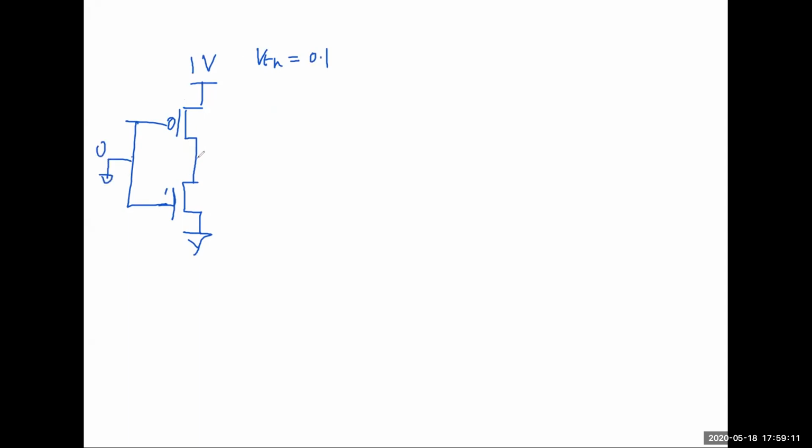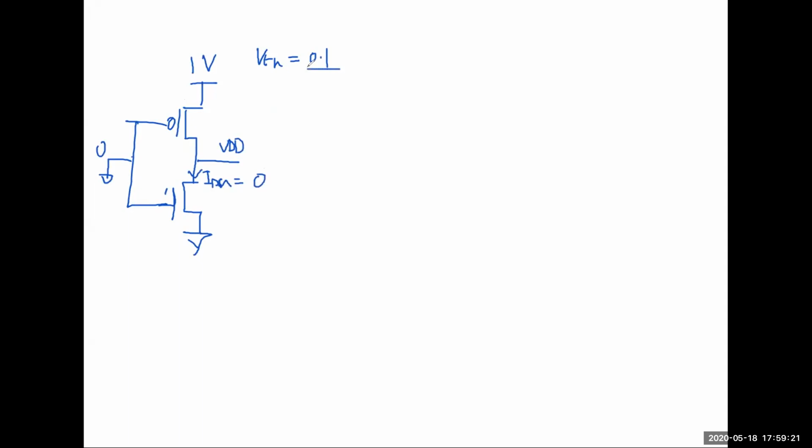So the other reason people use a high VT is, if you have a normal inverter, for example, let's say this was 1 volt, and VTN, let's say, is 0.1 volt, and the input is 0. So obviously, this is VDD, right? And we say the IDN is equal to 0, right?